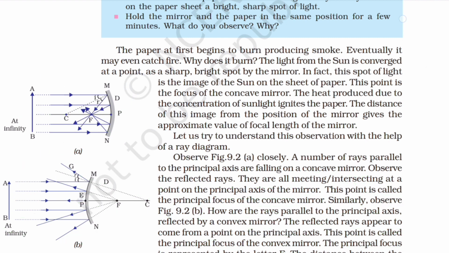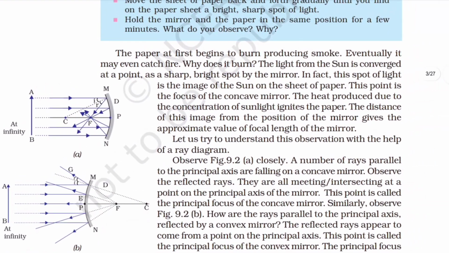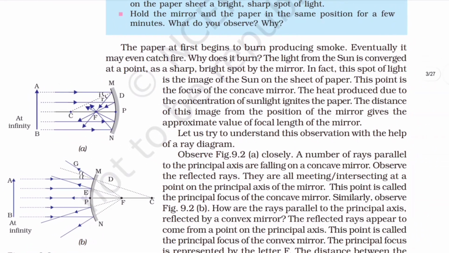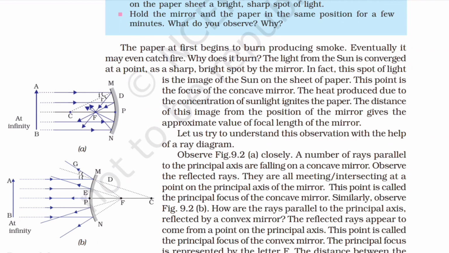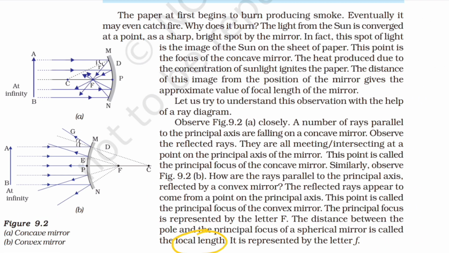It is represented by the letter f. The distance between P and F is called focal length, or small f.